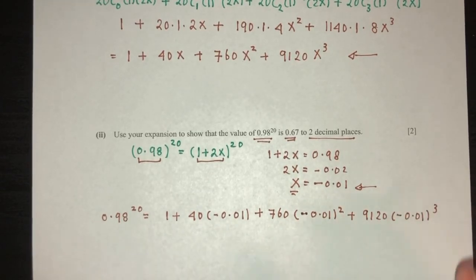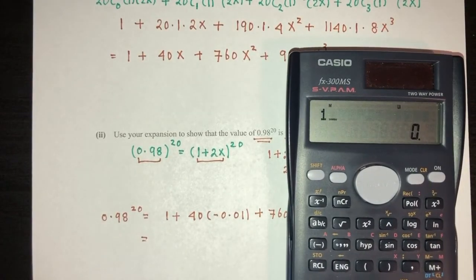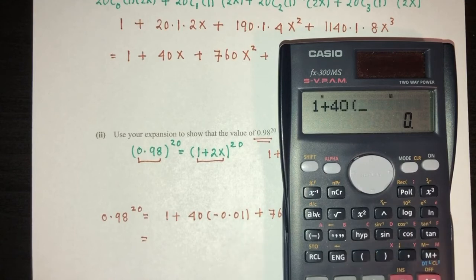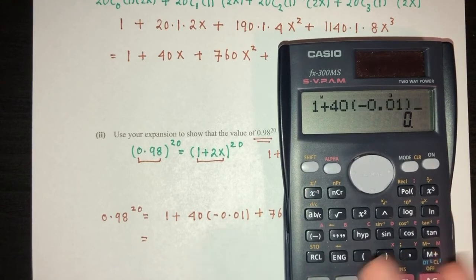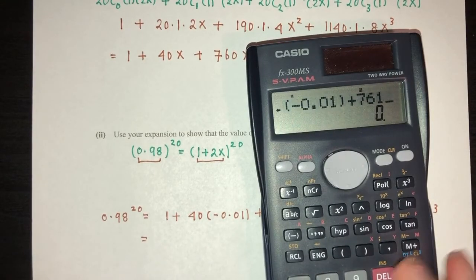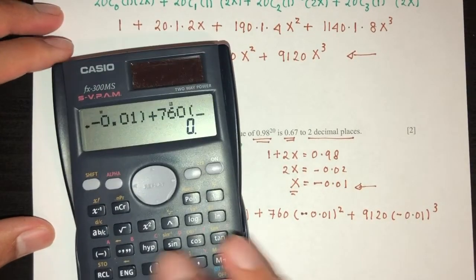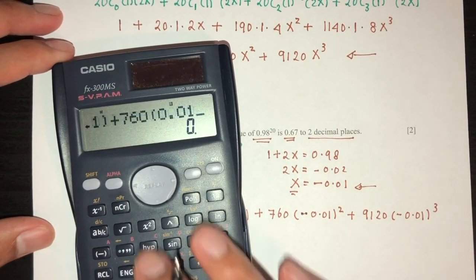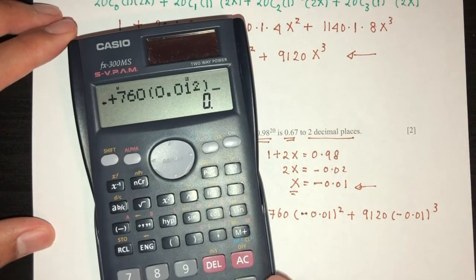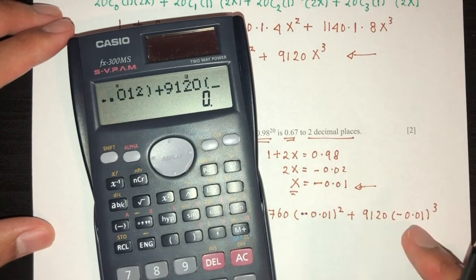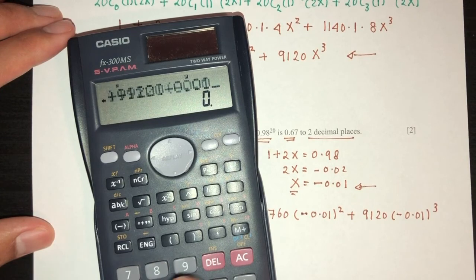So let's solve this and see what do we get. So you have 1 plus 40 times minus 0.01 plus 760 times 0.01 squared, and plus 9120 times minus 0.01 power 3.